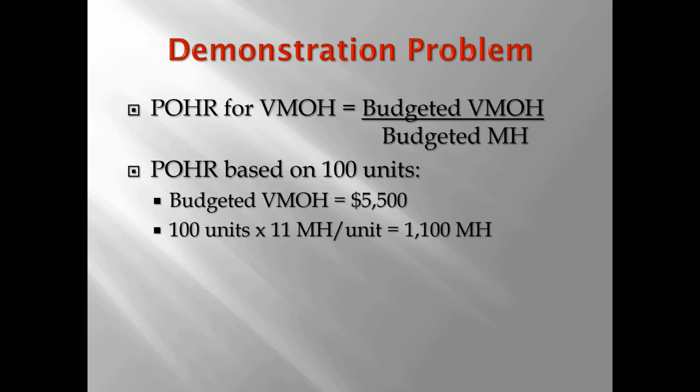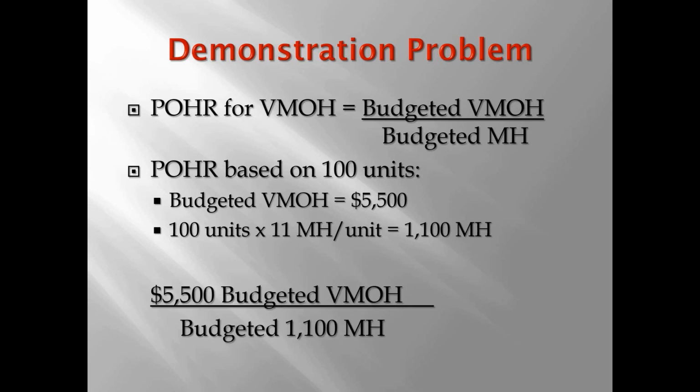We can multiply the 100 units that the firm expected to make before the period started times 11 machine hours per unit, and that tells us that the budgeted allocation base would be 1,100 machine hours.